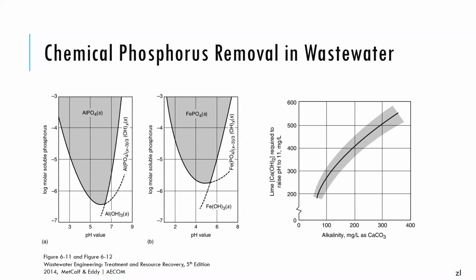Typically, we don't operate our treatment plants or see an influent at this type of pH, so we're not really working at the most optimum value, but it'd be nice if we could.